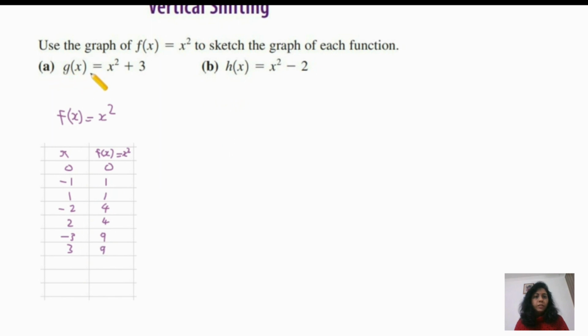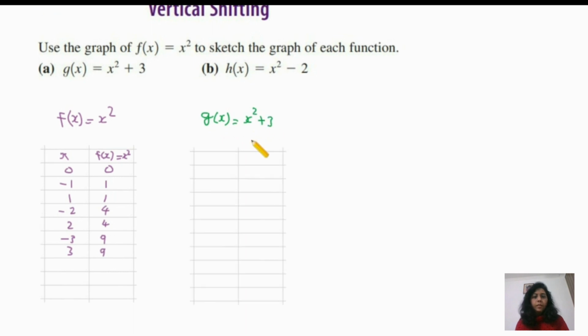And here for a question, g(x) = x² + 3. Here x and here g(x) is x² + 3. So simply here we can add 3, right? x² is given this and 3. So when we put 0, we get 0 plus 3, 3.